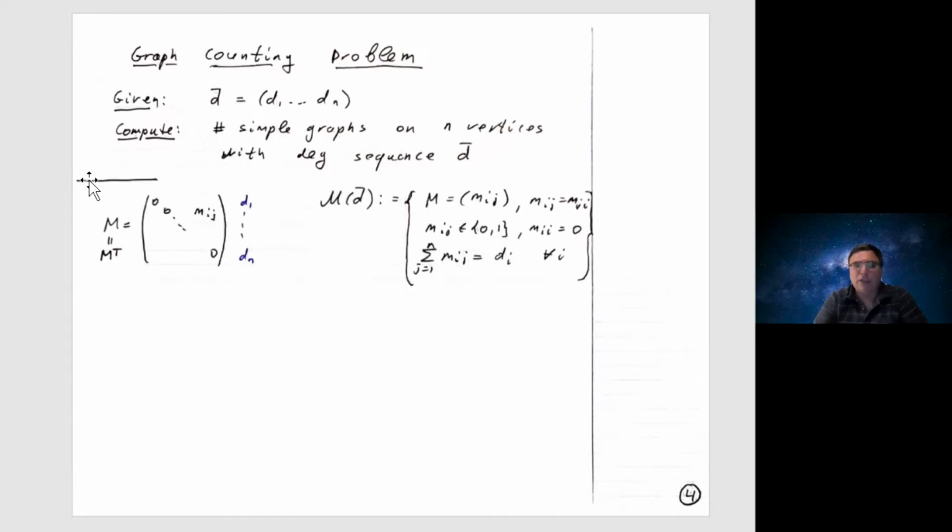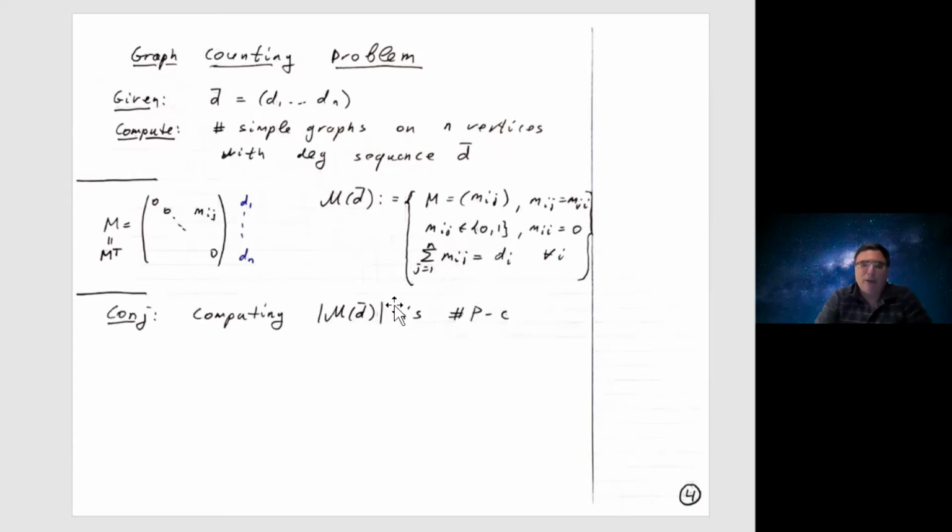It is completely obvious how to state it in terms of the number of integer points in polytopes. You can think of this symmetric n by n matrix, and Mij encodes whether you have an edge or not.